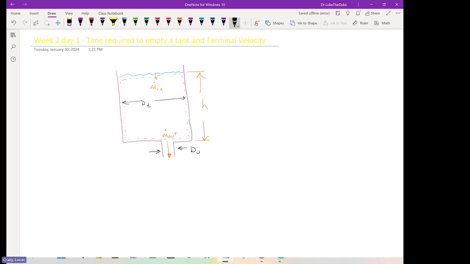Now, can you tell me fundamentally what is the equation for conservation of mass or mass flow rate? Or think about your tub, right?